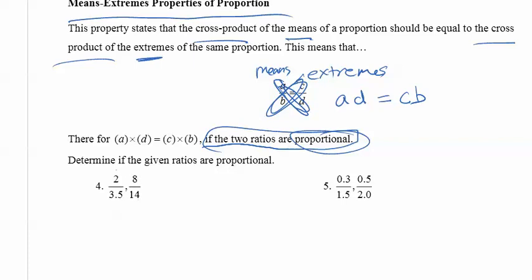Well, what I have is 2 times 14 would be my means, right? So it's A and D, in this case, to C and B. So 8 would be C, and 3.5 will be B. So what I can do is compare them. So 2 times 14 is equal to 8 times 3.5.